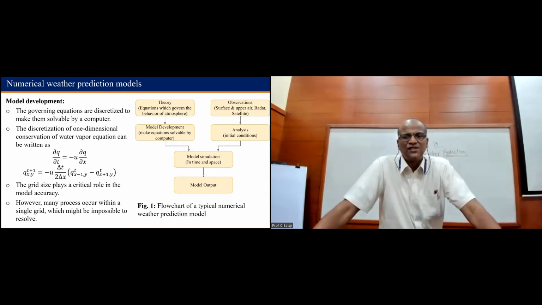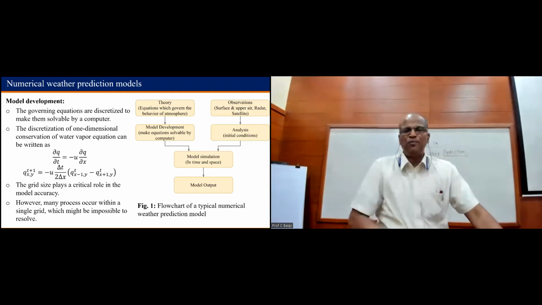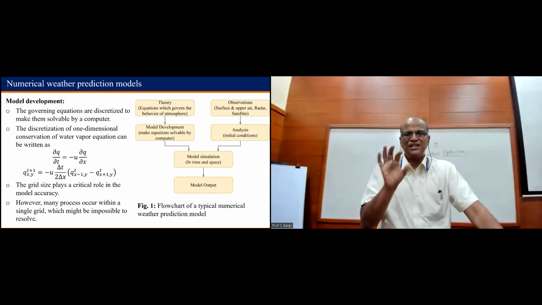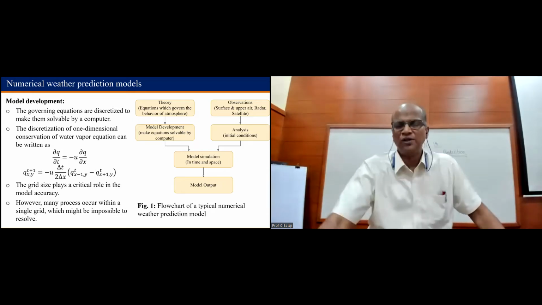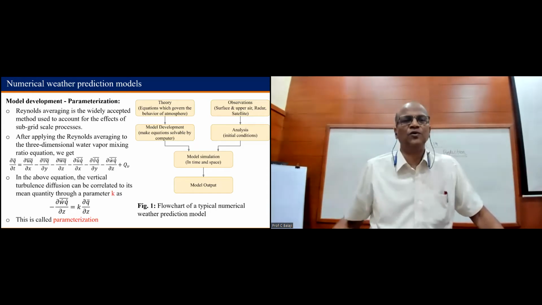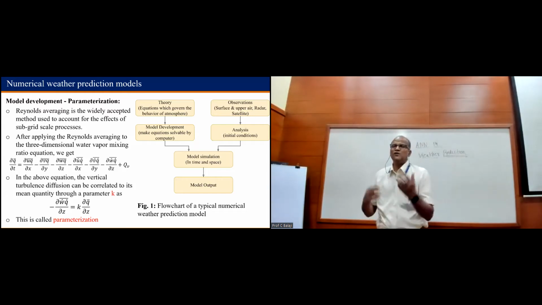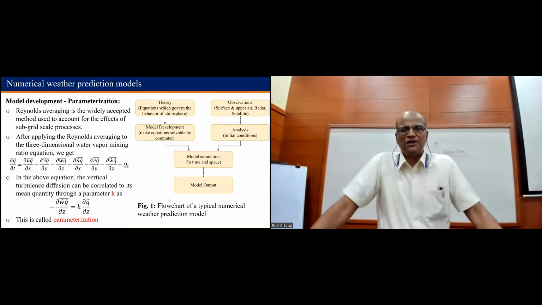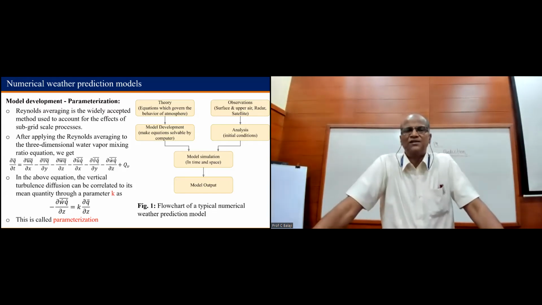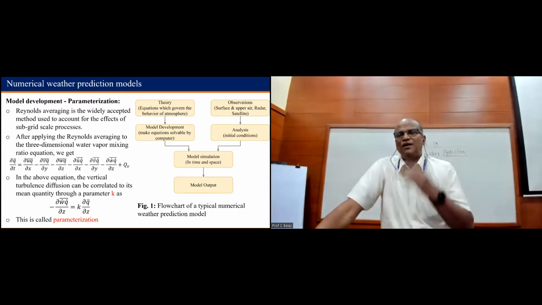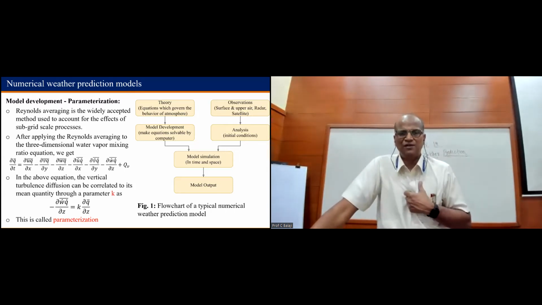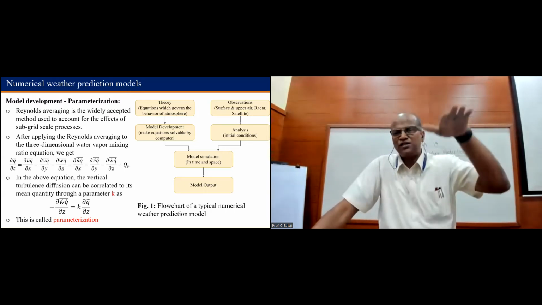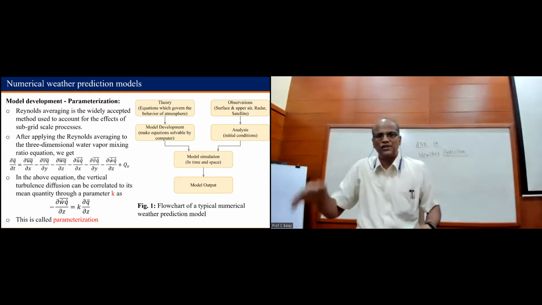However, many processes occur within a single grid, which might be impossible to resolve. That's where the problem starts. Reynolds averaging is basically a widely accepted method used to account for the effects of subgrid scale processes. After applying the Reynolds averaging, that means you take care of the fluctuations and put an over bar, which means you're integrating over time.